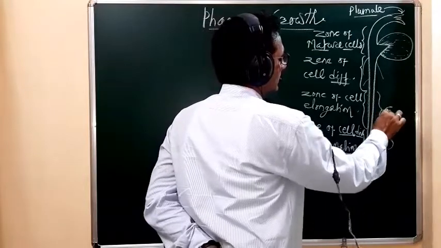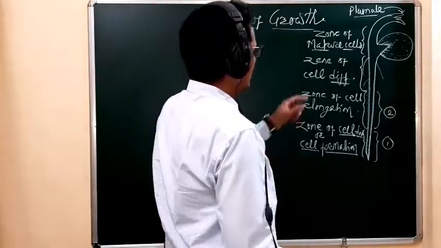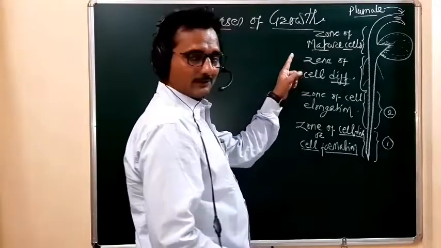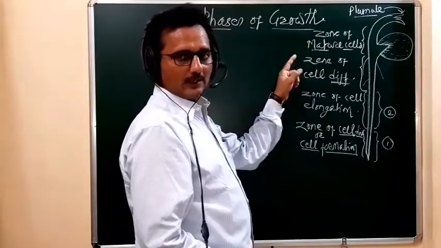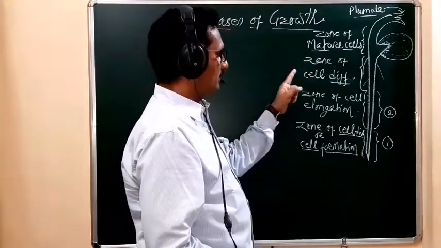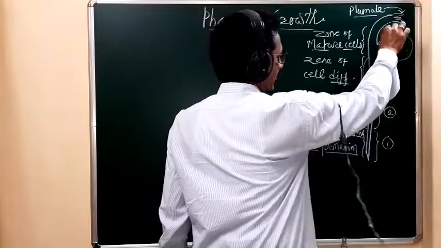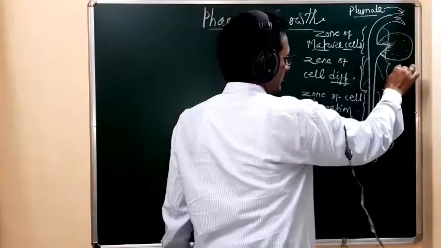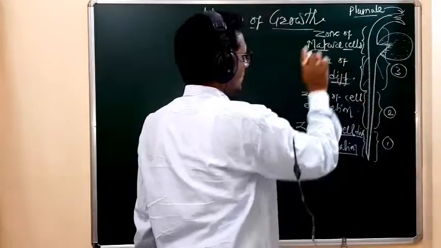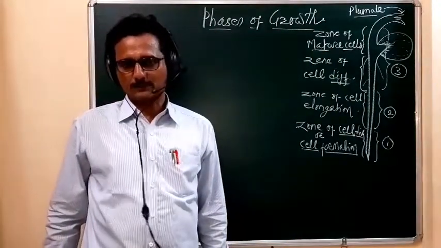And the third phase is the zone of maturation, just after the zone of cell differentiation. Together, this is the third region, the zone of the mature cells, or the zone of maturation.